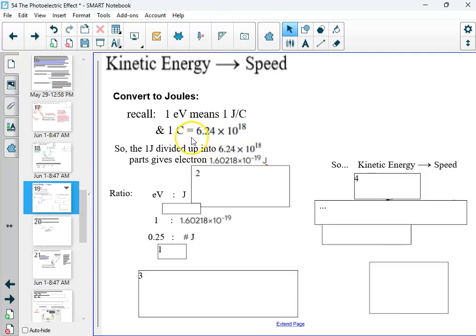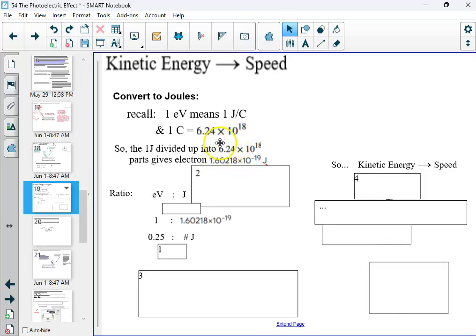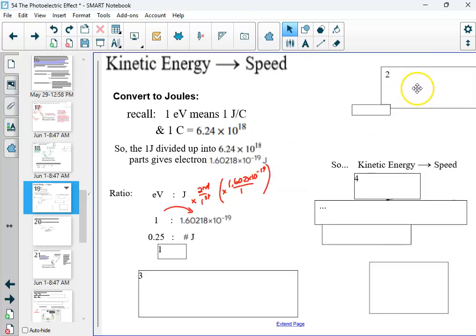Since there's this many electrons in 1 coulomb, if we divide this energy into all those pieces, then we end up with this amount of joules. So whichever conversion you're using, 1 electron volt equals this many joules is my preference at this point.